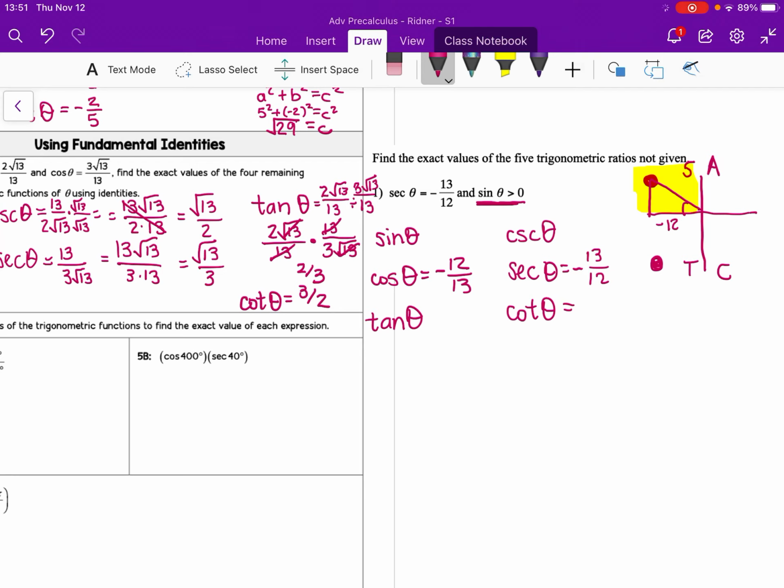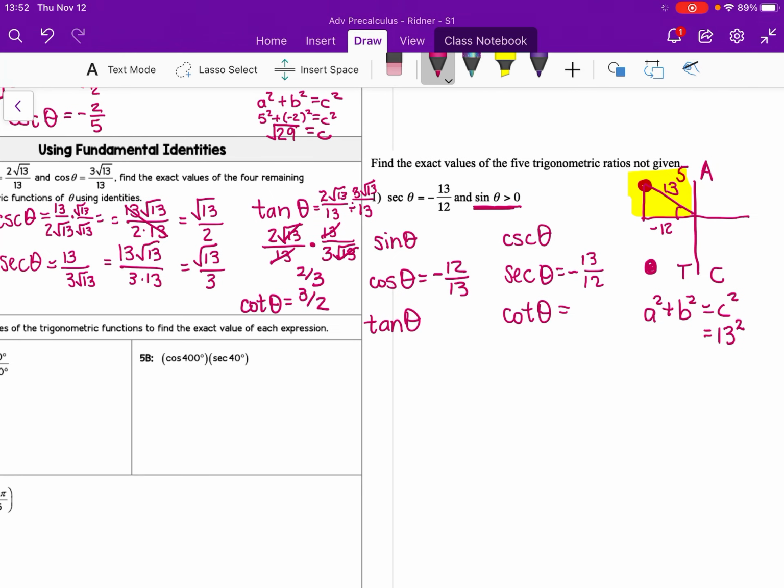Cosine is adjacent over hypotenuse. To find my third side, a squared plus b squared equals c squared. Now recall, c is always the hypotenuse. So we're actually solving for either a or b. Take your pick.